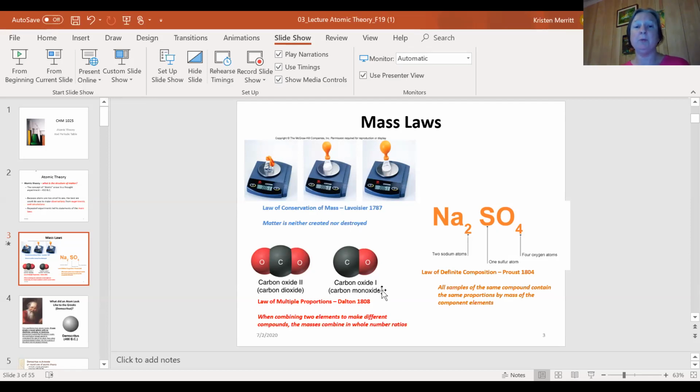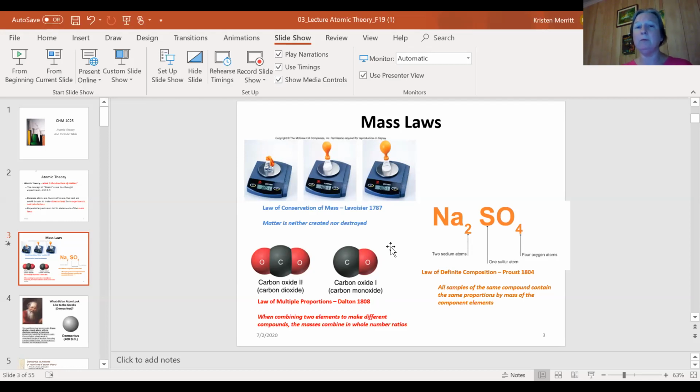And the law of multiple proportions, Dalton in 1808, was that when you're combining two elements, so you're making a molecule, you have a chemical connection between two atoms, they have to combine in whole number ratios. This was actually a new concept. But this absolute factor of it enabled the research observations and conclusions to be applied.